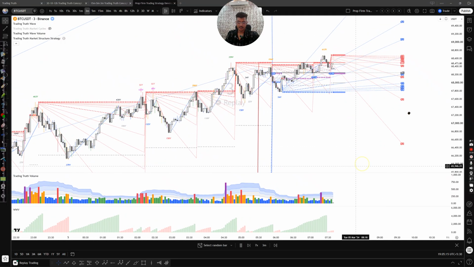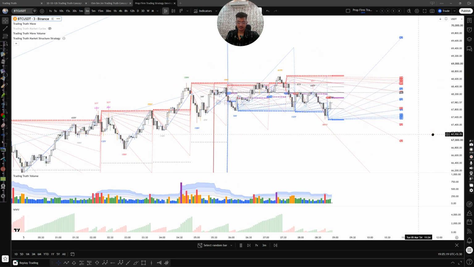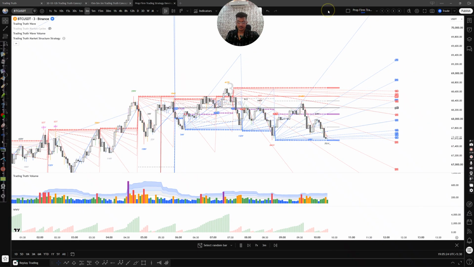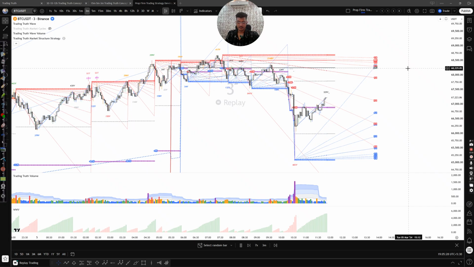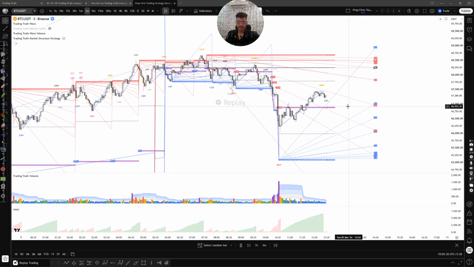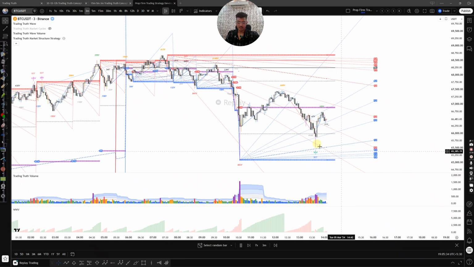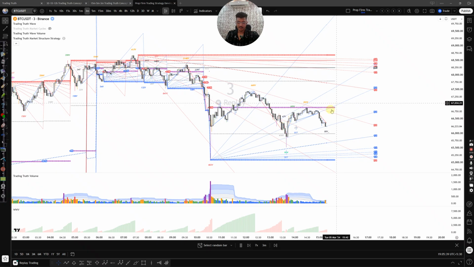New day starts. Market is downtrending. Bullish divergence there, but market is downtrending.